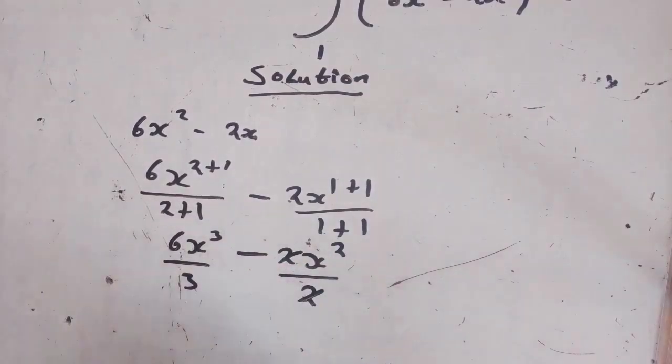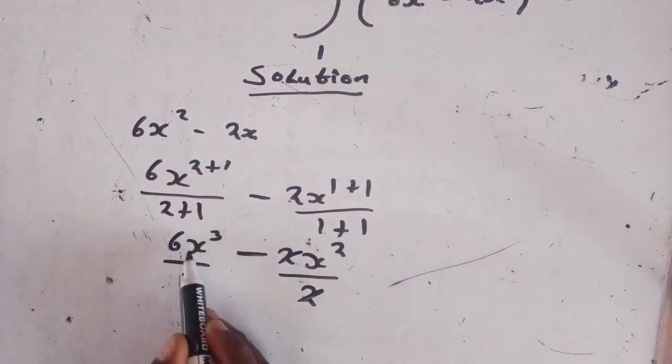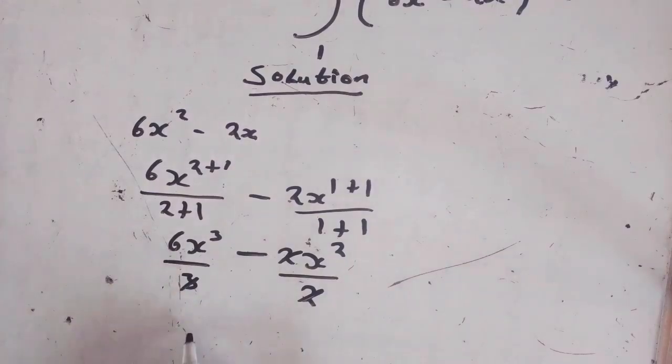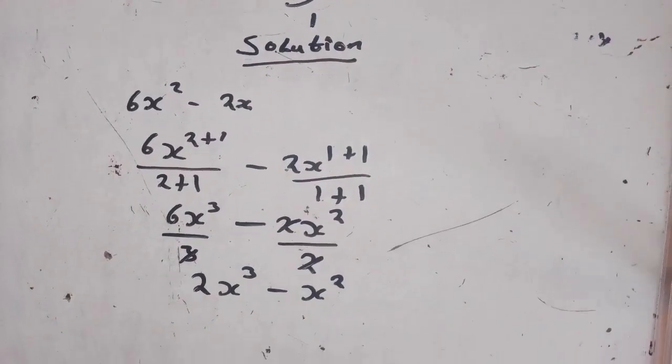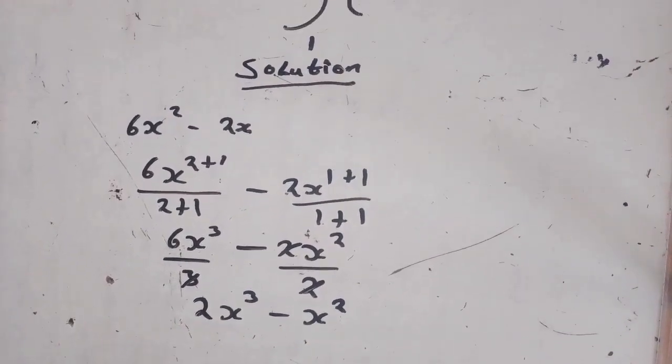These 2 and these 2 will cancel, and then 3 can go into 6 two times. So we're going to have 2x to the power 3 minus x squared.